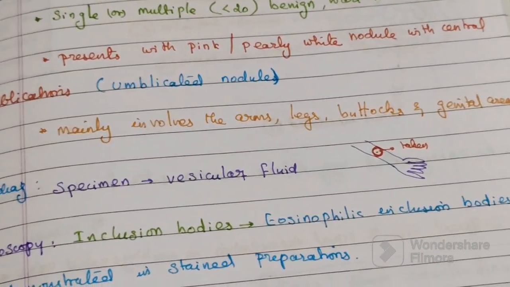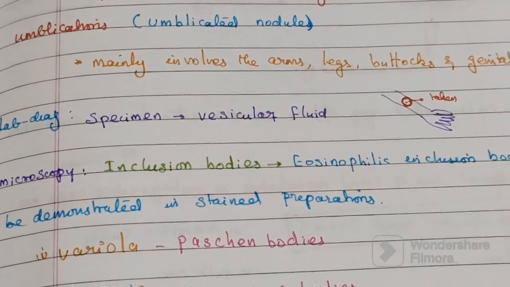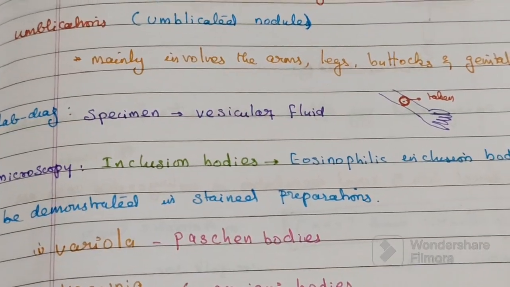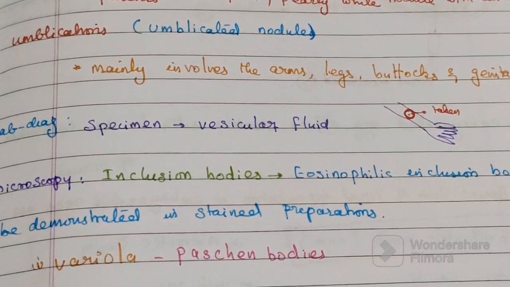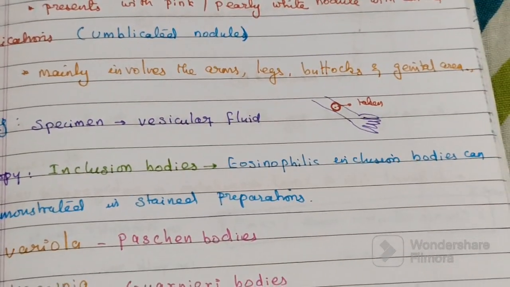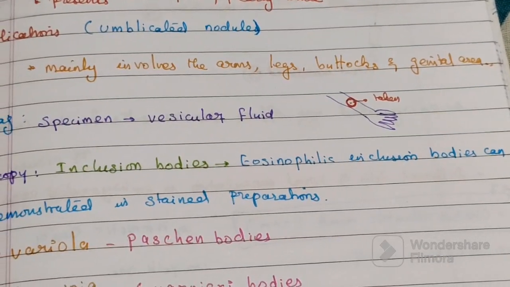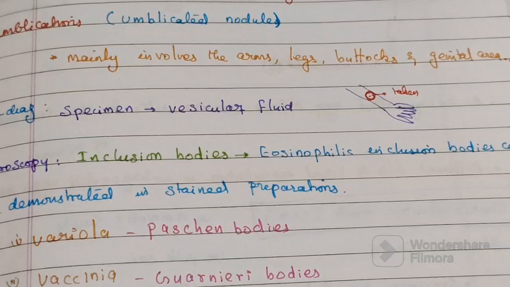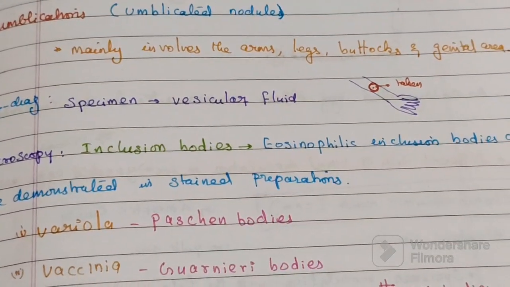Next, laboratory diagnosis. Specimen we collect is vesicular fluid. We know 3 types of virus: Variola, Vaccinia and Molluscum contagiosum. Using a syringe, we collect from the vesicles, whether it is smallpox or Molluscum contagiosum.